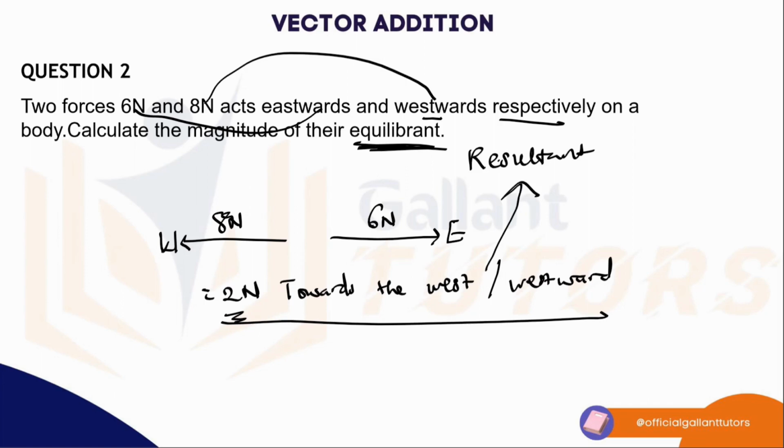If I want to specify for equilibrant, I'll have to give the opposite of westward, which is east, towards the east. It will be eastward. So equilibrant, right, has equal magnitude as the resultant, but is opposite in direction. So this is what you have to note in equilibrant, in case you see it somewhere.